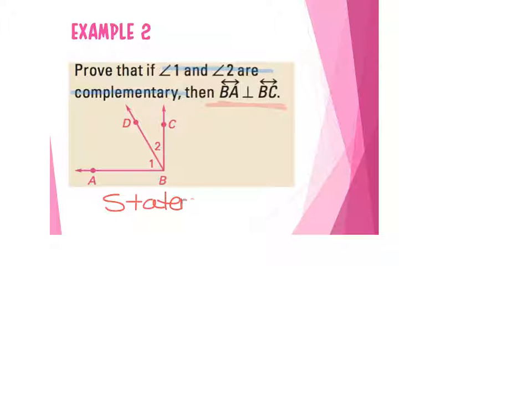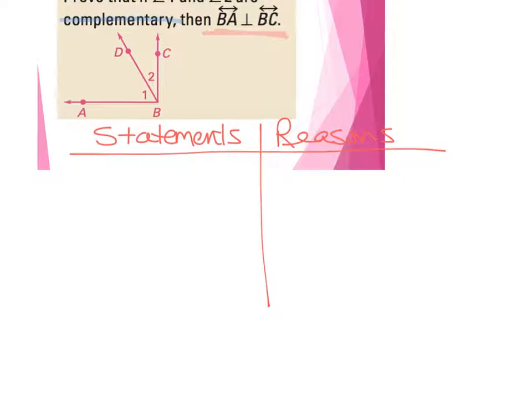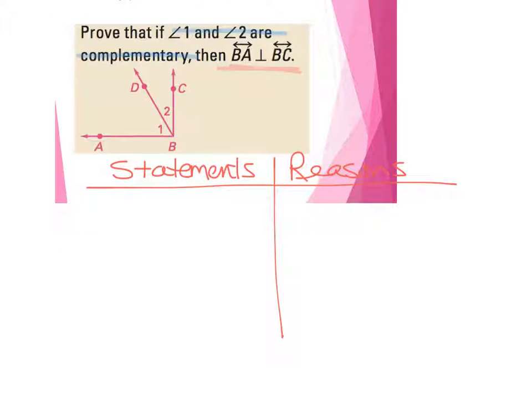Here are my statements, and then I'm going to set up my reasons. What's going to be my first statement? The given. Okay? And my given is that angle 1 and angle 2 are complementary.